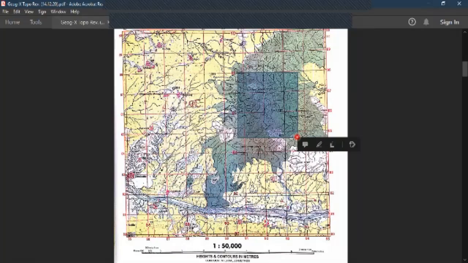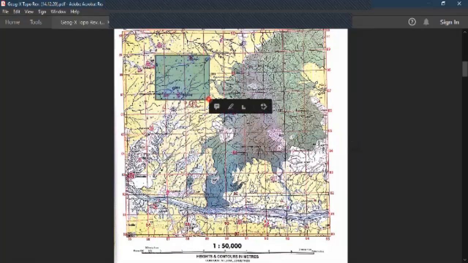Hence, forestry or forest activity will be one of the occupations. Secondly, the yellow wash shows that the region is cultivable. Hence, farming will be one of the occupations.